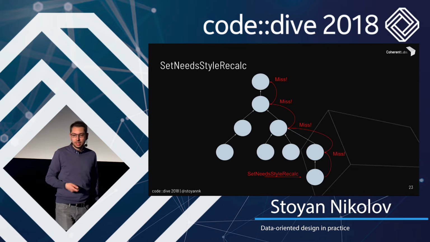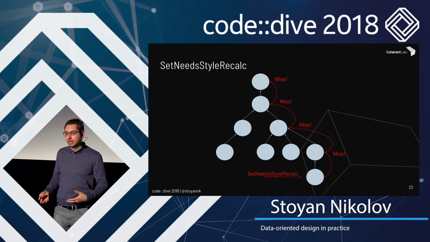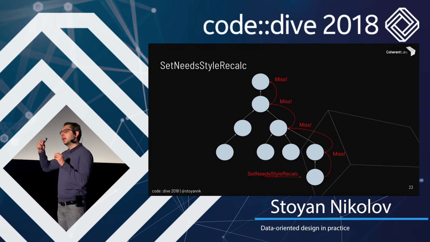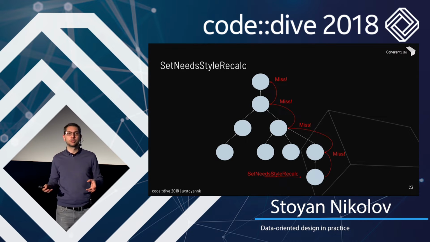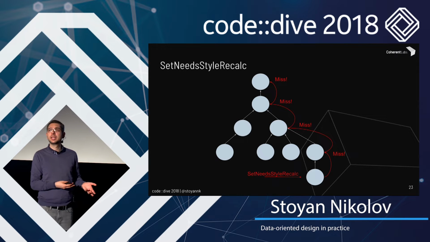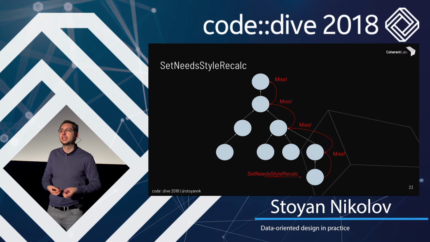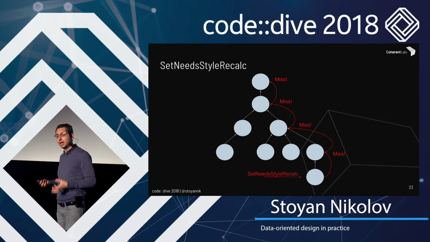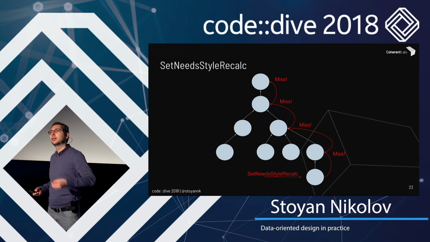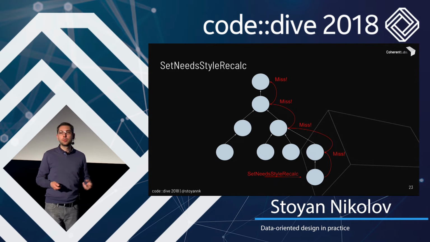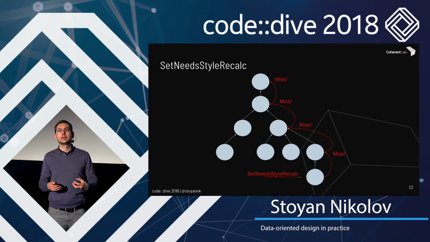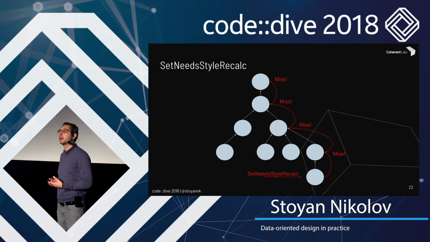But what's worse, if we go into the implementation, actually it calls this set needs style recalc on every parent within the document object model of our page. It's just an implementation detail for them, but at the same time it has a significant effect on us because it will incur multiple cache misses, and it will define in a very concrete way the performance profile of our animation system.